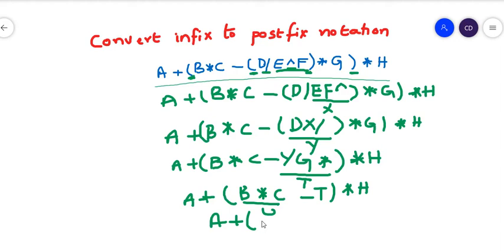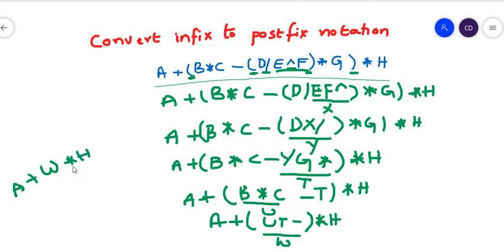So simply you can take UT minus, multiply with H. Then this entire thing I am going to take as W. So now it will be A plus W multiplied with H.